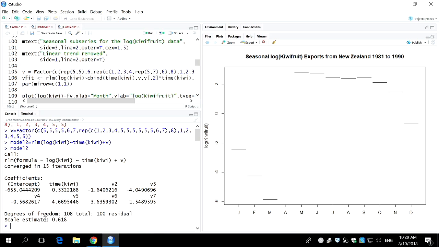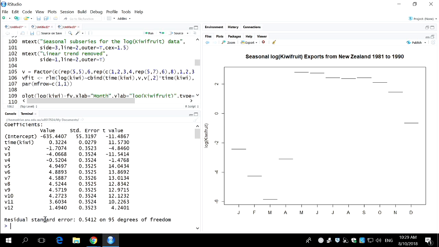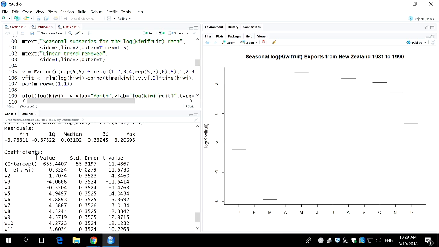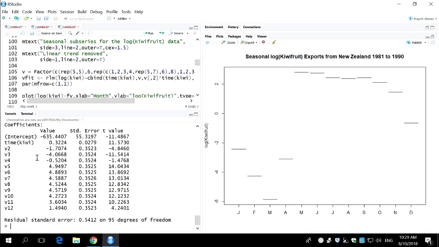So it's a much smaller model, probably with pretty similar explanatory power. If you wanted to compare those models, you could have a look at the R squared for each of them. If I do a summary of Model 1, I get this. You can see everything's significant.